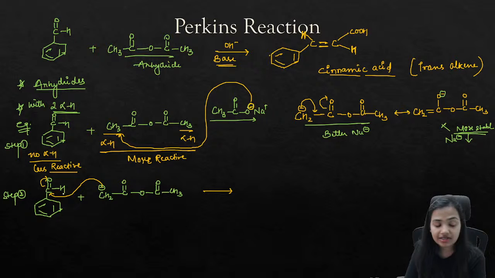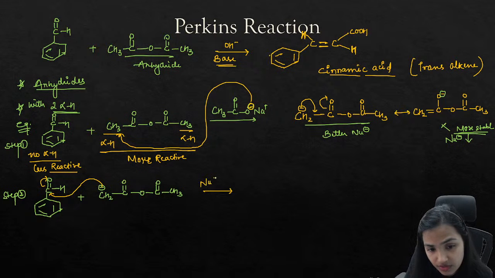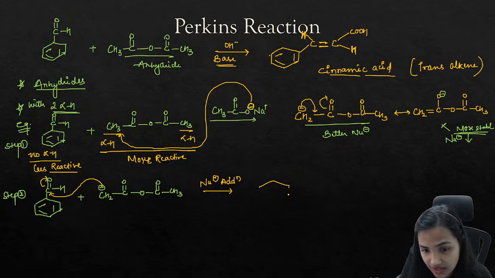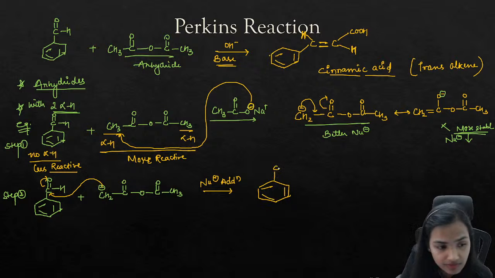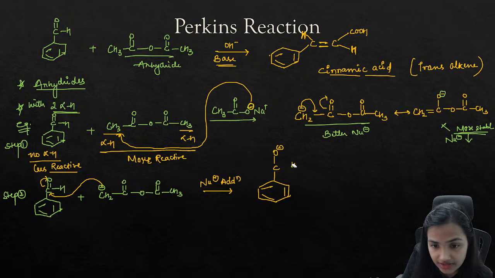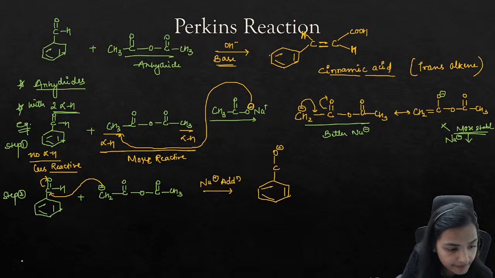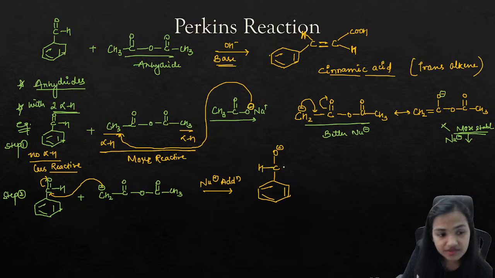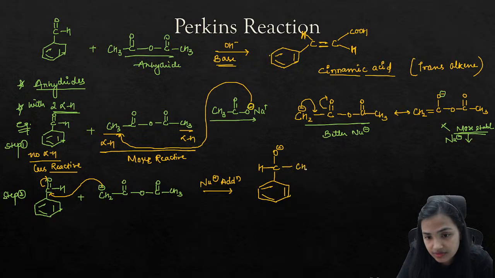This nucleophile will attack and there is no leaving group, so we can't do substitution, only addition can happen. This will become CO negative. Let me put hydrogen on that particular side. And here the CH2, C double bond O, O, C double bond O, CH3 will form.